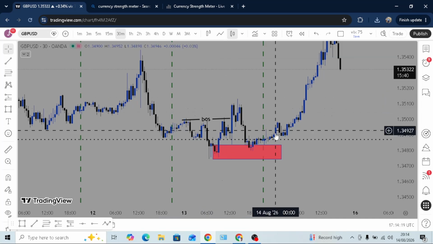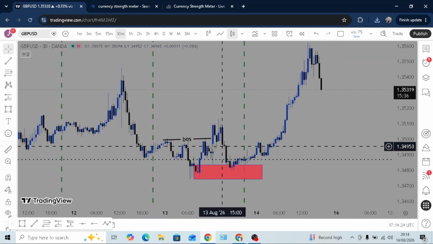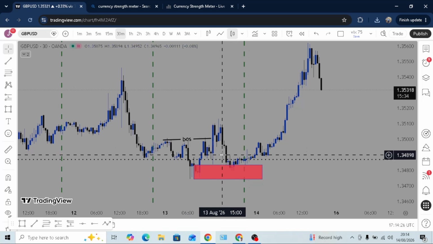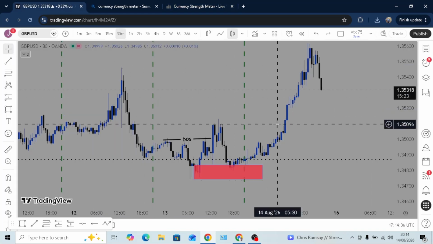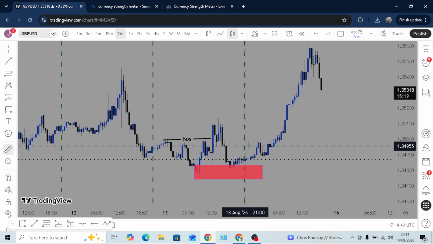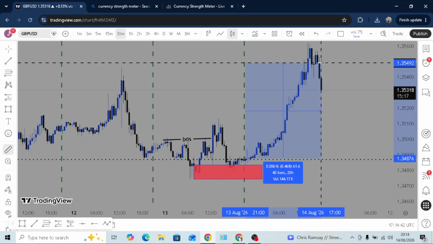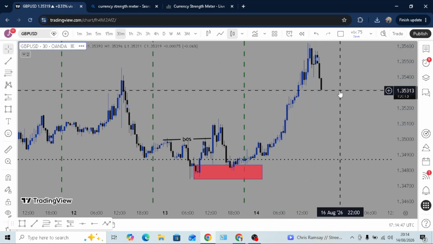Quite simple, guys. As always, I like to keep my trading simple. This is the best strategy for beginners. Let's say you don't know price action, you don't know market structure. All you need to do is use this currency strength meter. At least you can get 20 pips in a day, 30 pips. Like in this scenario, this trade has gone really up. We got 70 pips, very clean.